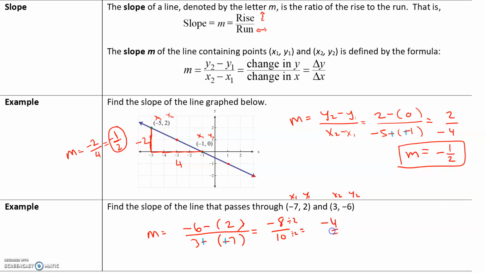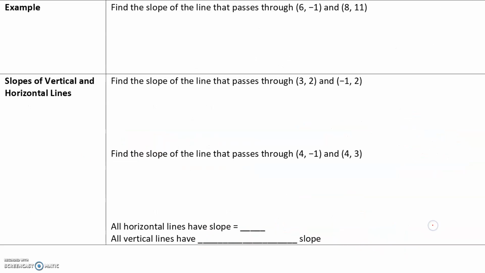This gives us negative 4/5. So our slope is negative 4/5. This one, let's do in class. I want you to label the first point as x1, y1, second point as x2, y2, and in class we will find the slope.